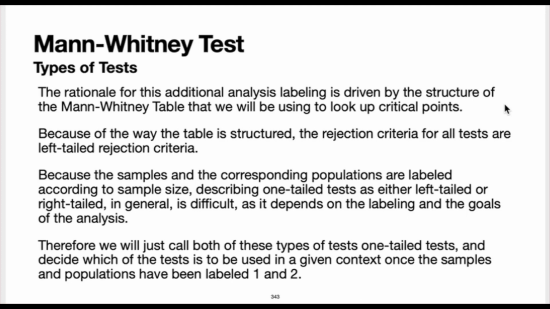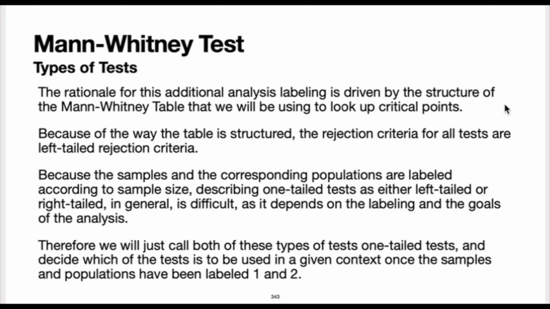Because for tests like this Mann-Whitney test, the reference distribution depends on the two sample sizes, the table can get quite voluminous. So it's more than just a single standard normal table or a single t-table. There really are different distributions that you have to consider based on the sample sizes. So anyway, that is why different books have different table structures. Now, the table structure determines the test statistic that you use and the rejection criteria in terms of how you evaluate that test statistic.